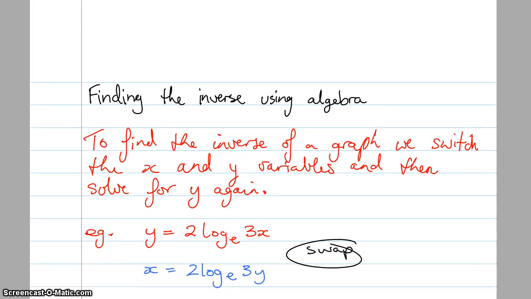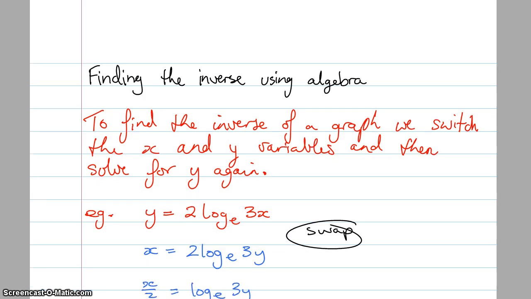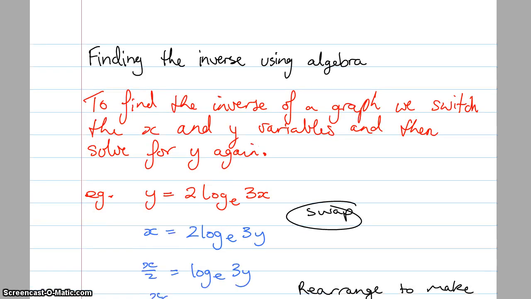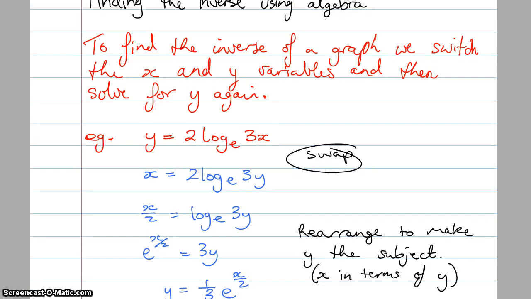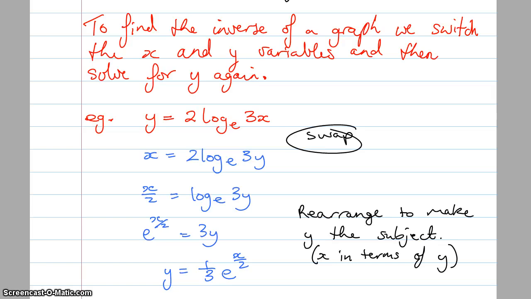For example, y equals 2 log e of 3x. I swap my x and y to make x equals 2 log e of 3y. Then I rearrange to get back to y equals, and I get y equals a third e to the x on 2.